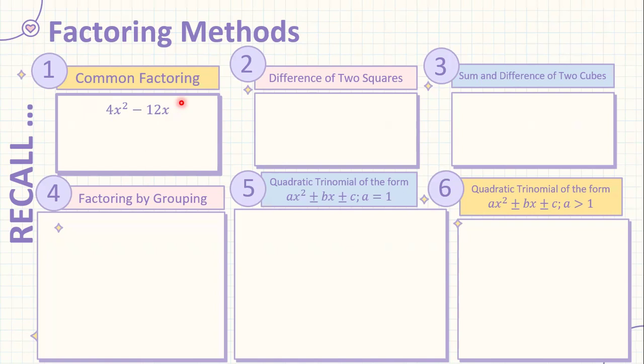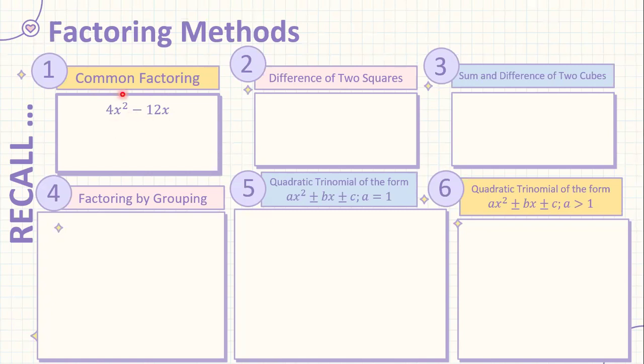First, let's look at the numerical coefficients. The factors of 4 are 1, 2, and 4. The factors of 12 are 1 times 12, 2 times 6, 3 times 4. So the common factor of both 4 and 12 is 4.